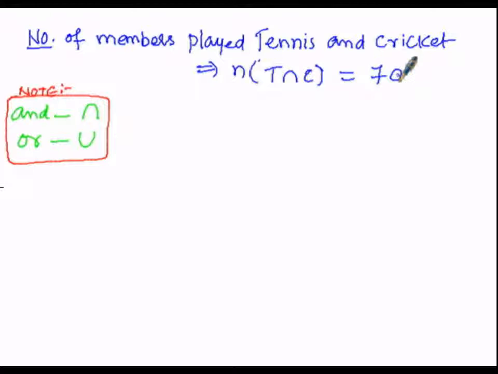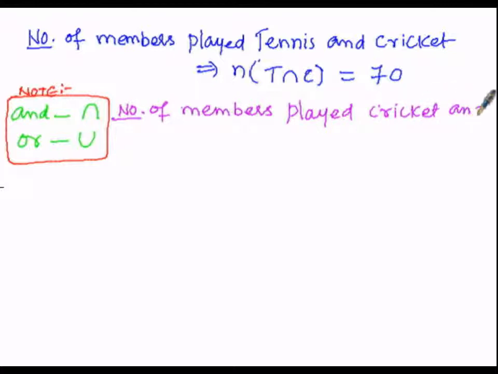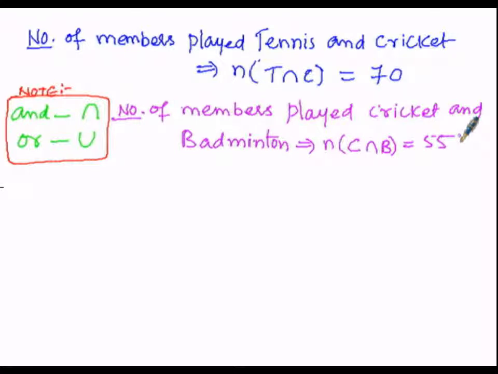Then as per the problem, the next logical step is the number of members who played cricket and as well as badminton. I am going to indicate that by n of C intersection B, and there are 55 members who played cricket and badminton.